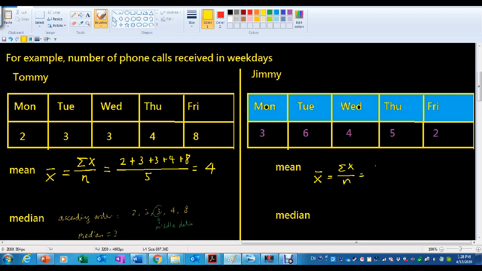The sum of all data is 3 plus 6 plus 4 plus 5 plus 2 divided by 5. So in this case, it's still 4. So you see Jimmy's and Tommy's, both of them have the same mean. So you could say both of them receive on average 4 calls per day during the weekdays.